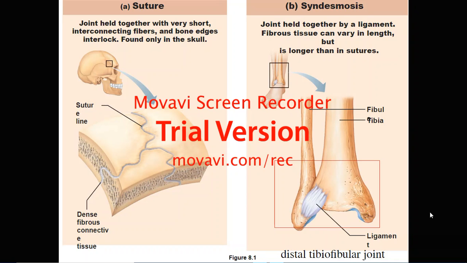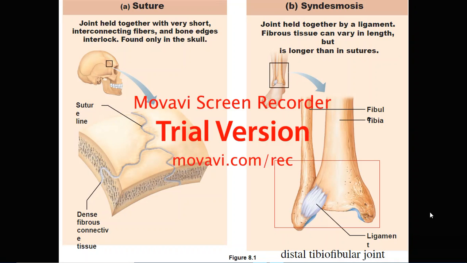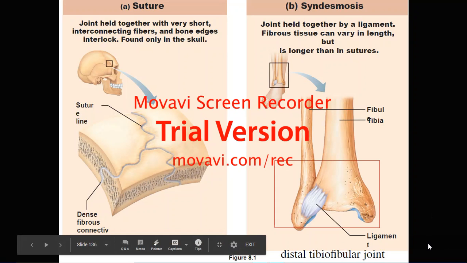And again, the reason why you don't want any movement in your skull is that it protects your brain. So if the skull was able to move, then that's going to increase the likelihood of the brain getting damaged. And again, sutures are very short collagen fibers.